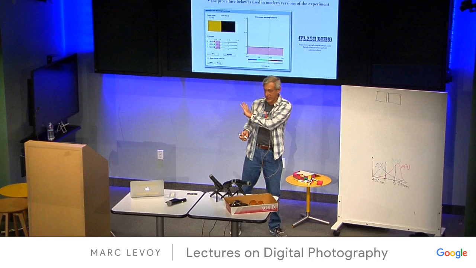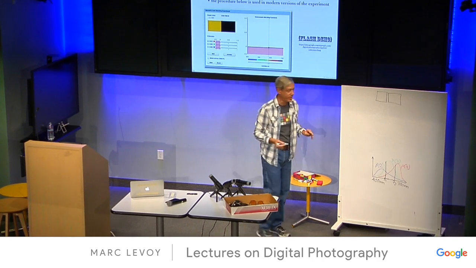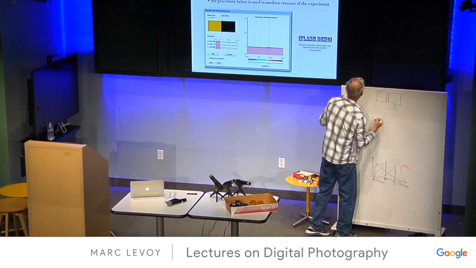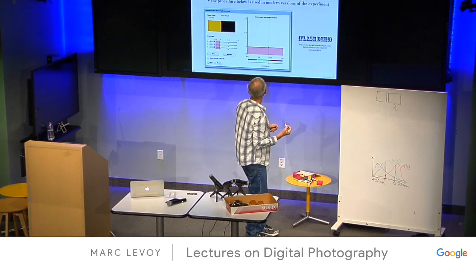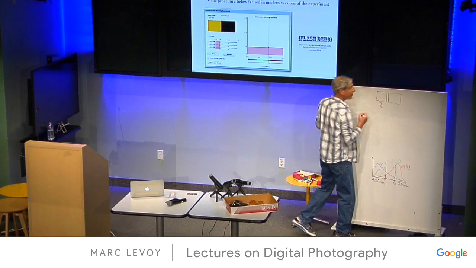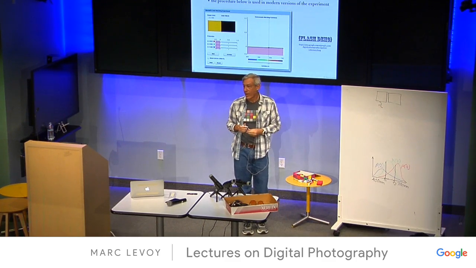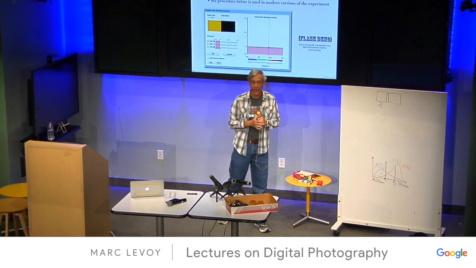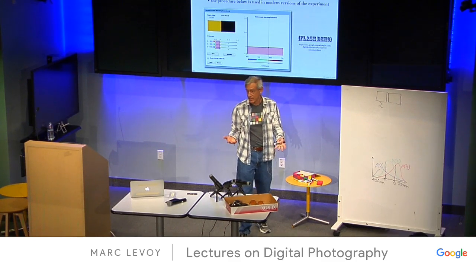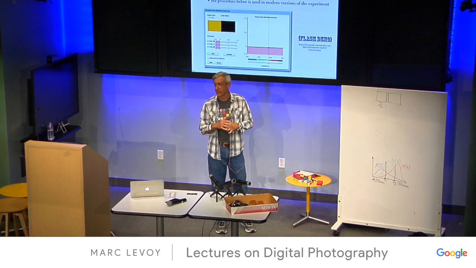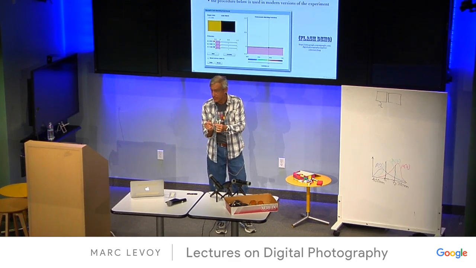I'll describe the version that I'm about to show you in the applet, which is a more modern version of the matching experiment. On the left side, he would show a stimulus, which is a single pure wavelength from the rainbow, which you could easily make in the 1850s or early 60s with a prism and a slit.